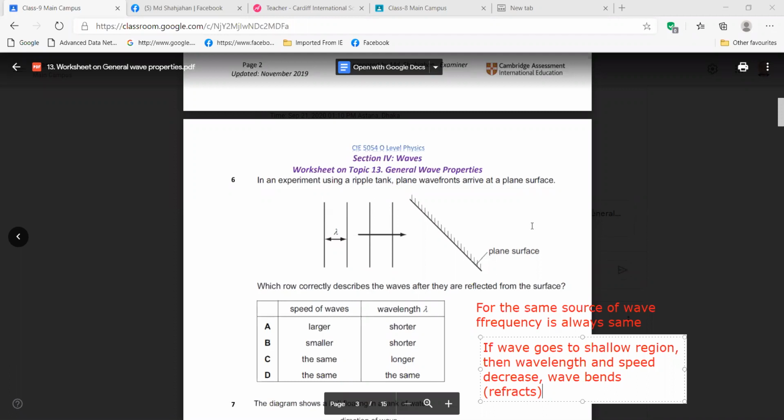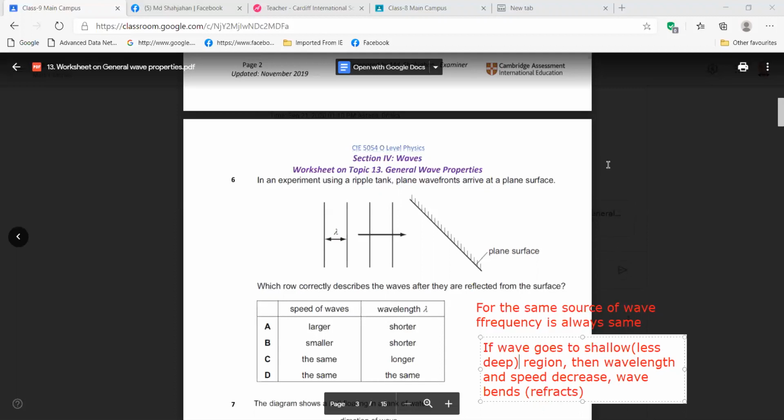Shallow means less deep. If you forget again and again, beside shallow you write less deep. Now it is clear. At that time we got refraction and we saw that wavelength and speed both are decreasing.